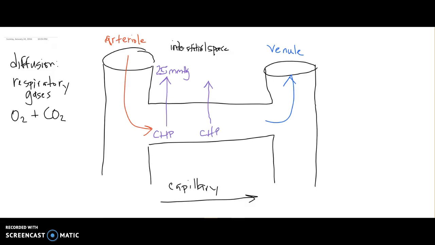I said 25, but I'm going to fix that and say that it starts at 35. Let's see if I can get that 3 to work. 35 here. That doesn't look so great, but that's supposed to be a 35. Then about halfway across, we are at 25 millimeters of mercury. And when we get towards the venule end, we're at about 18 millimeters of mercury. And this is a CHP as well.